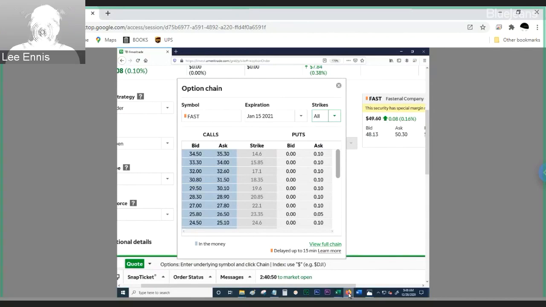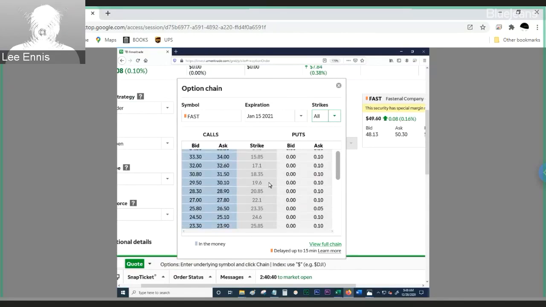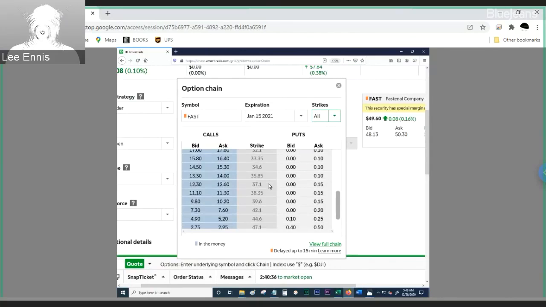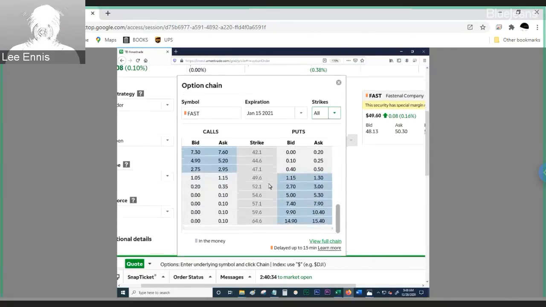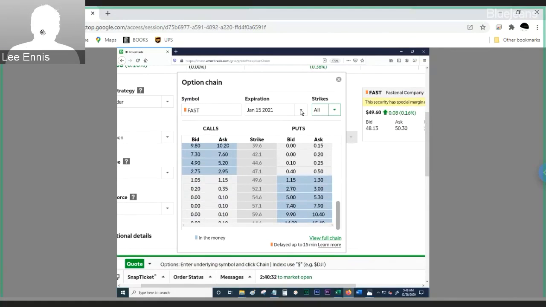Now, the put that we purchased, I can't get to it right away. See if I can find it. I know it was $55. Let's see. So this is January 15th, February 19th.